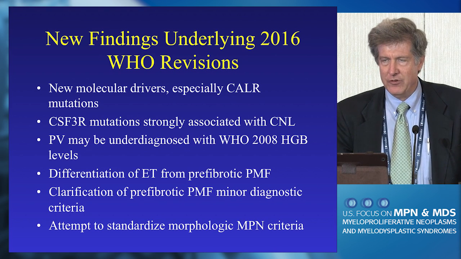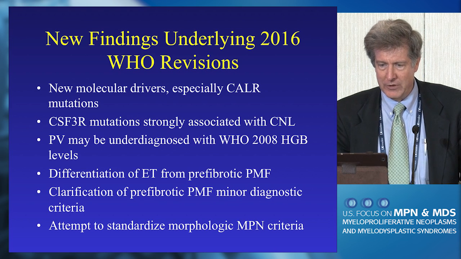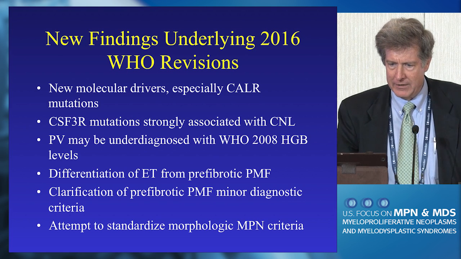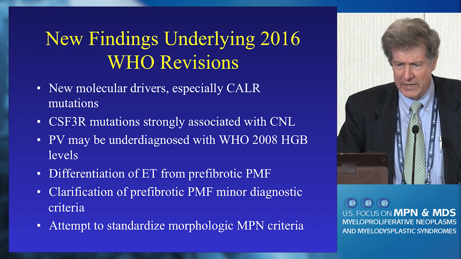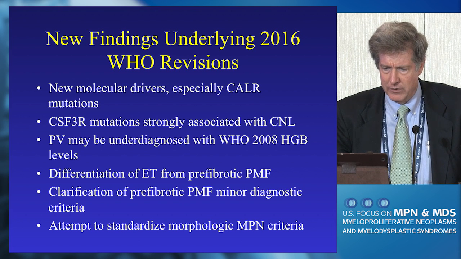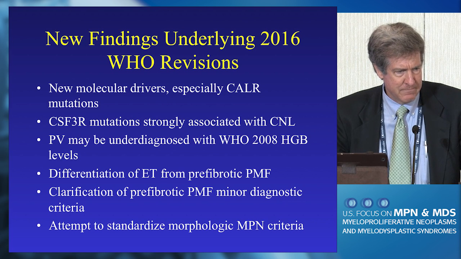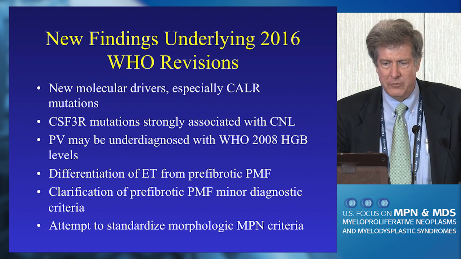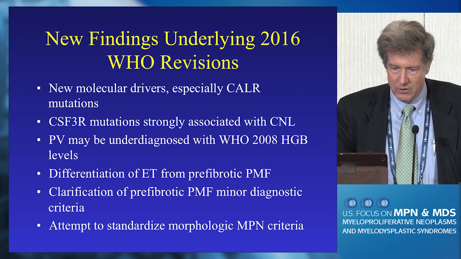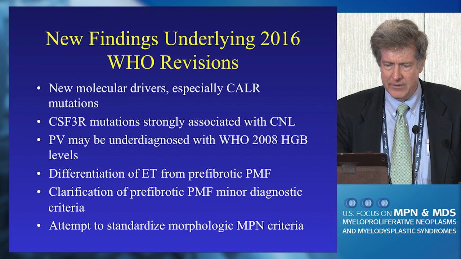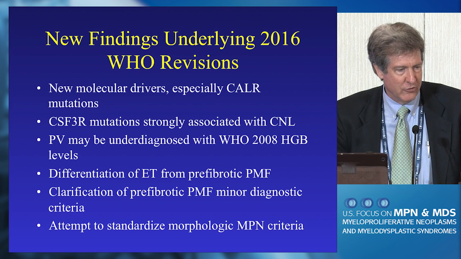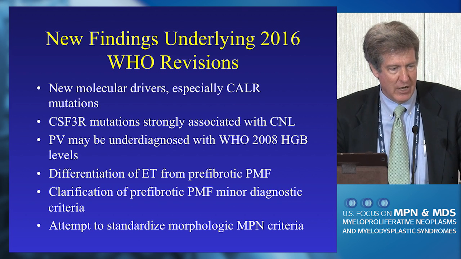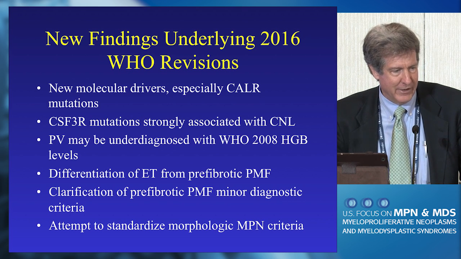The findings that were really the basis to prompt revision of the WHO classification included the identification of new molecular drivers, especially the calreticulin mutation, the recognition that mutations in CSF3R were strongly associated with chronic neutrophilic leukemia, the feeling that Polycythemia Vera was possibly underdiagnosed with the threshold hemoglobin hematocrit levels in the 2008 criteria, the idea that essential thrombocythemia needed to be differentiated from prefibrotic primary myelofibrosis, and that there needed to be clarification of the prefibrotic myelofibrosis minor diagnostic criteria.